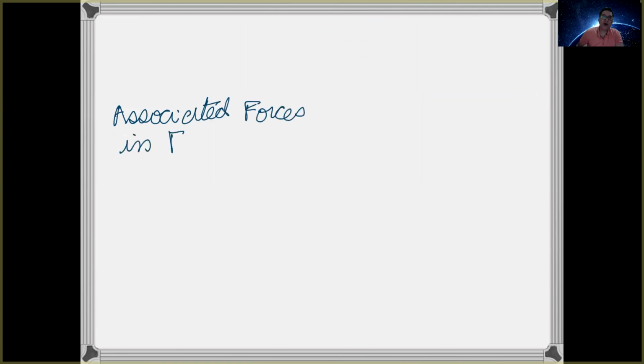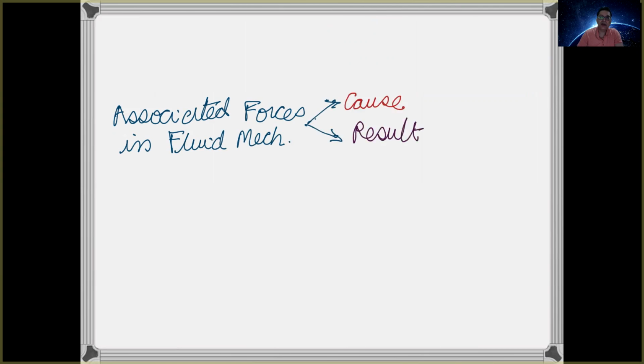Whenever a fluid flow occurs, there are certain forces which are associated to the fluid flow. The flow occurs, there is a force which causes this flow, and there is a force which appears as a resultant of this flow.